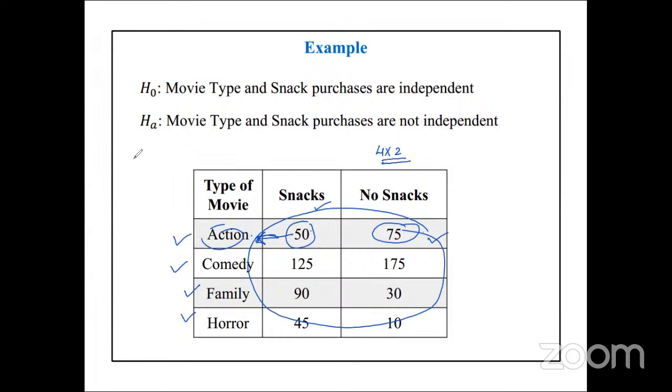table. Here, the first attribute is type of movie, and the second attribute is purchase of snacks. You can see movie type and purchase of snacks. They are independent, or they are not independent.